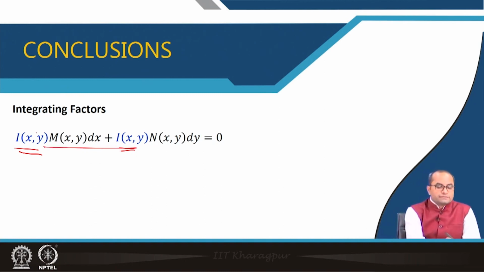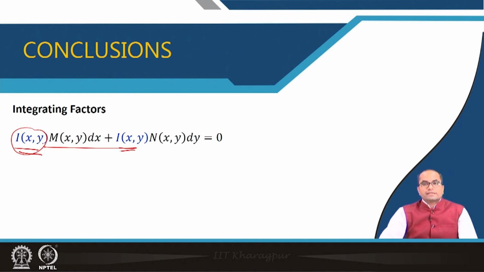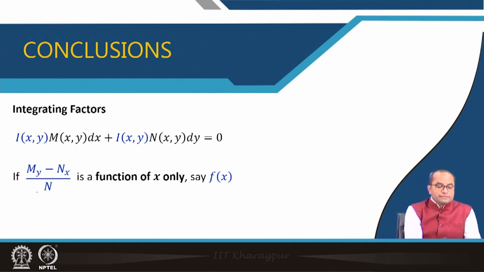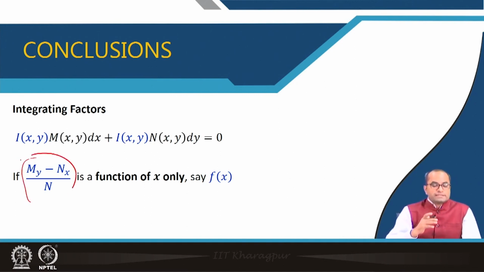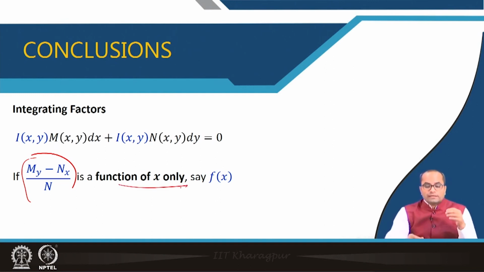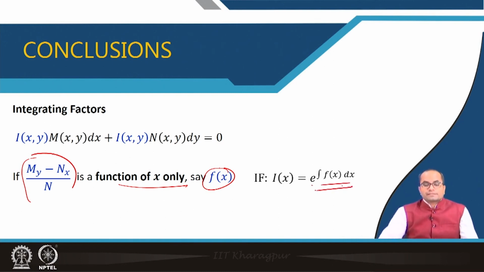Such a factor is called the integrating factor, and the idea of finding it was explored here, and basically there were a few rules. The important one was that if we check that My minus Nx divided by N is a function of x only, and let us call it f(x), in that case the integrating factor will be e power integral of f(x) dx.